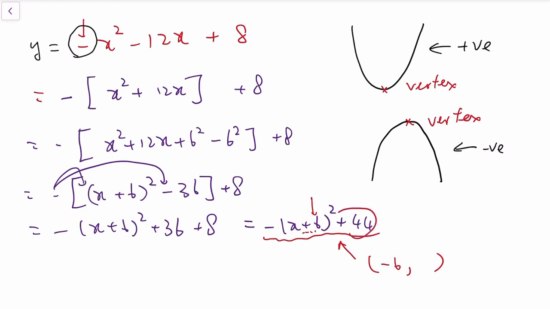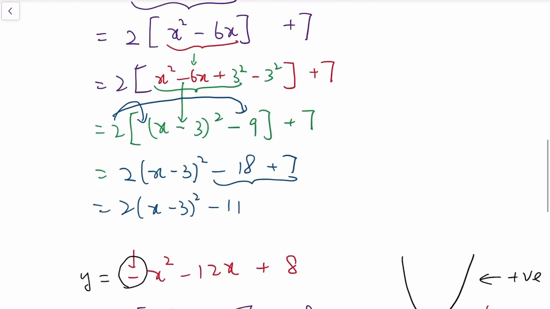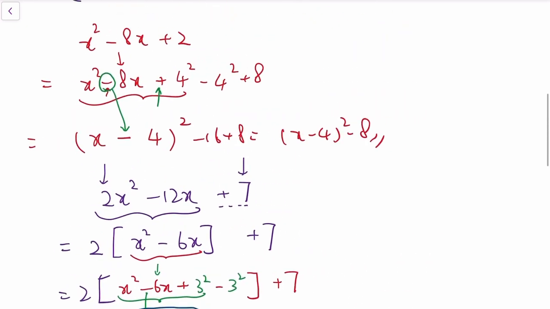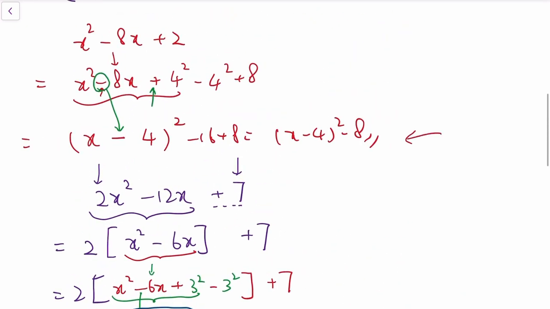The y coordinate would be the back number, just copy. And so, for example, the vertex of this quadratic would have been 3, negative 11. It turns out the number in front doesn't affect the vertex. For example, for this, it will be 4, negative 8.